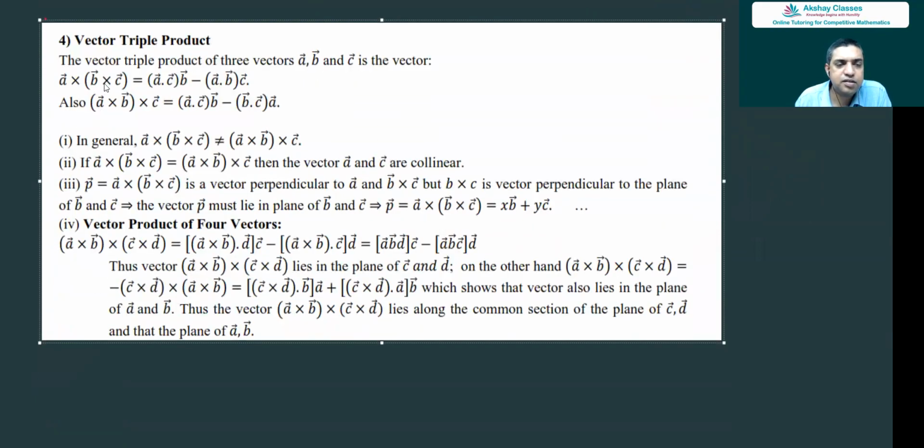Now, vector triple product. A cross (B cross C).